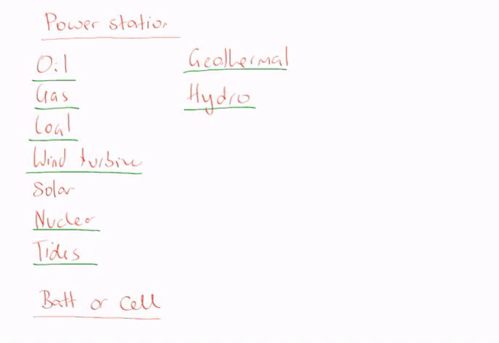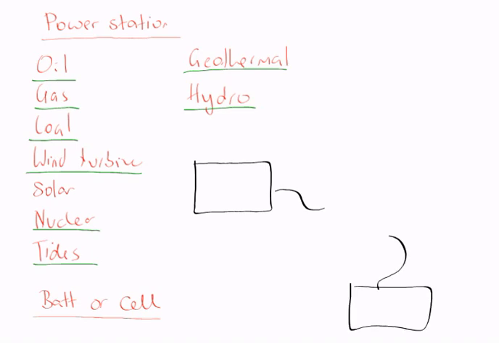Now let's look at the conservation of energy associated with these things. Remember, we start off with some sort of energy, and through the device we then convert it to electrical energy. So the first one would be, let's say, oil, gas, coal.